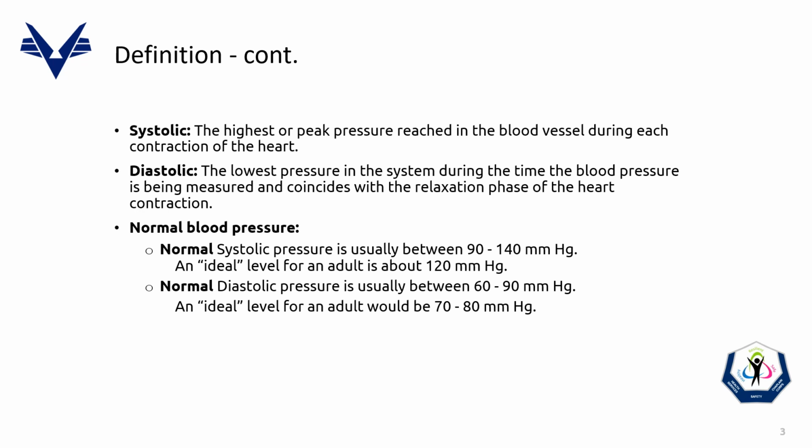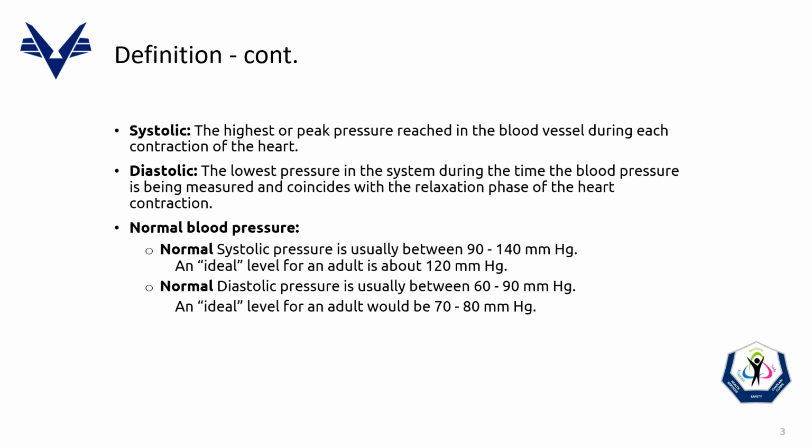Systolic is the peak pressure reached in the blood vessel during each contraction of the heart and is the first and highest number written. Diastolic is the lowest pressure in the system that occurs when the heart relaxes between contractions and is the second and lower number when written.